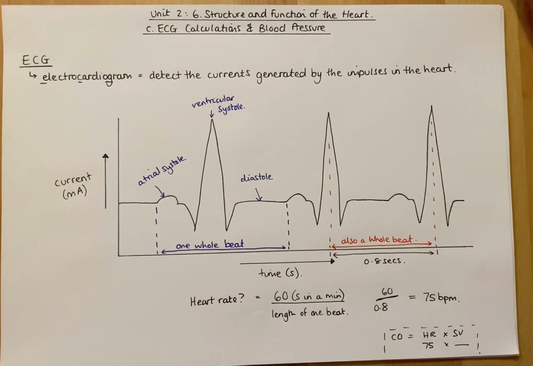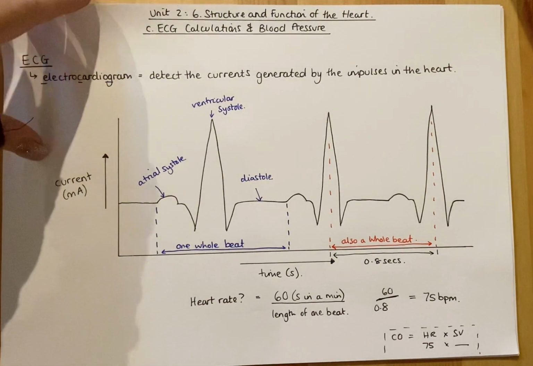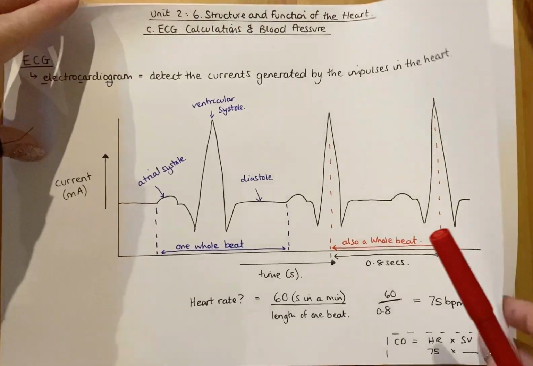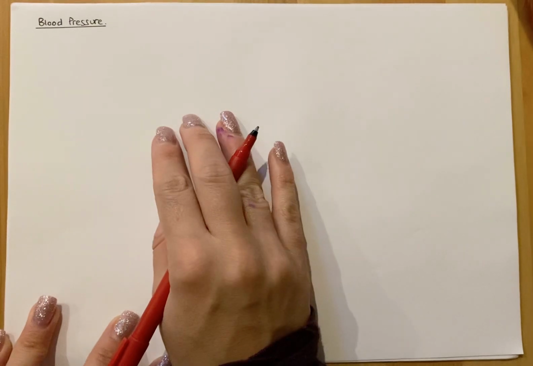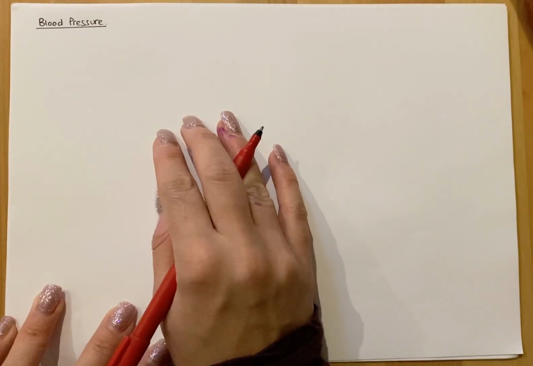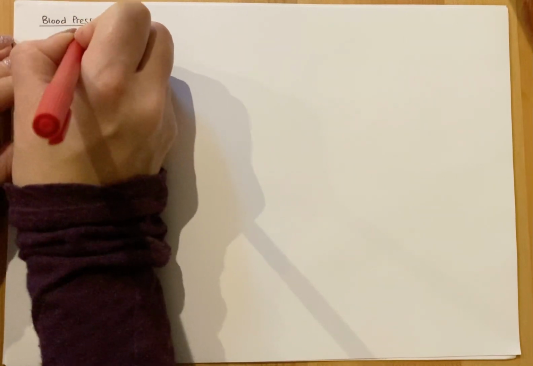I'm going to move on and talk about blood pressure, which is just a very short part of the course. Blood pressure you will need to know about in terms of what equipment is used to measure it. It's measured by what's called a sphygmomanometer.